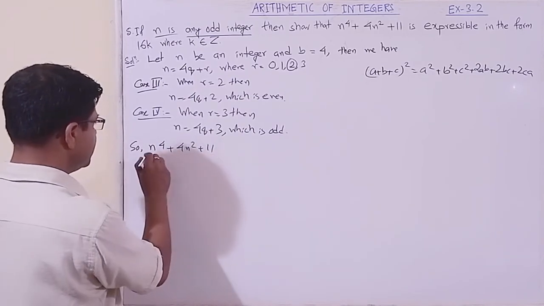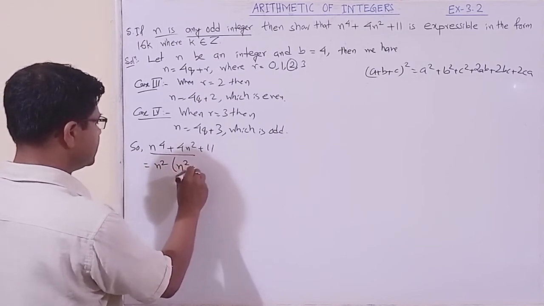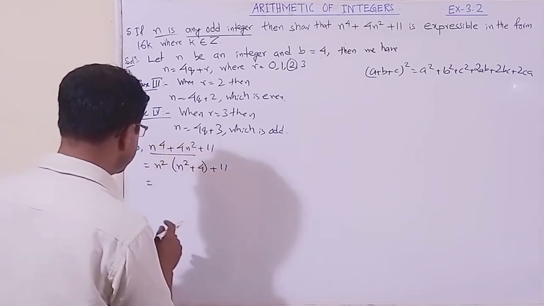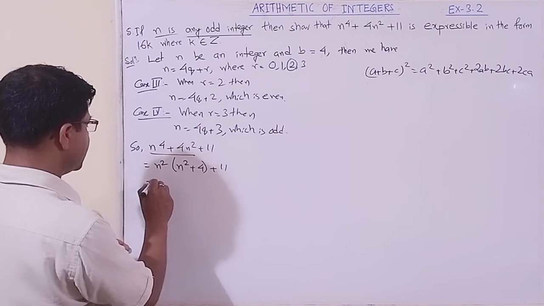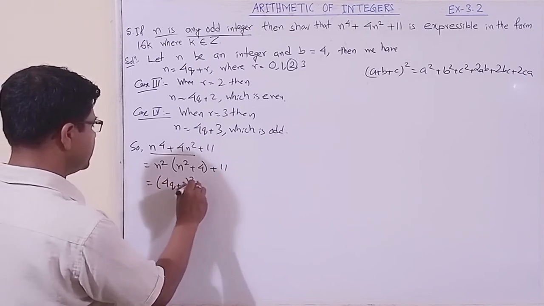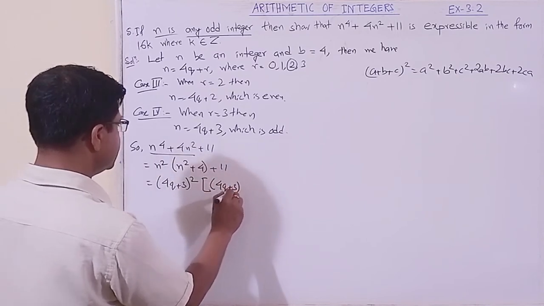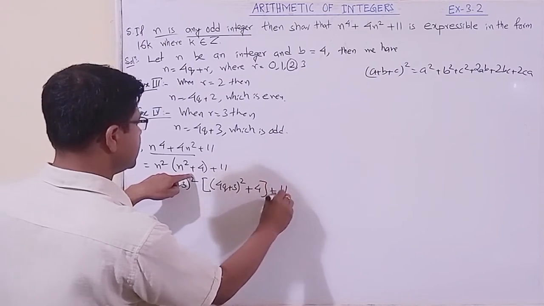You see here, from these two, n square is taken common, correct? So n square times n square plus 4, plus 11. The method will be the same ultimately, the same expression we will get at the end. n square, what is n? 4q plus 3, its square. Then here 4q plus 3, its square, plus 4, plus 11.